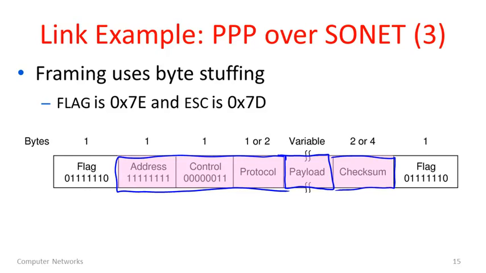And then the outer layer is the framing with our flags. In fact, the flag character here is 0x7e, and we'll also have to escape this character if it occurs inside the IP packet that's inside the payload, and we'll do that using 0x7d as the escape character.